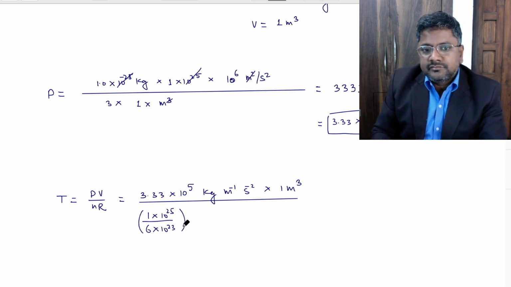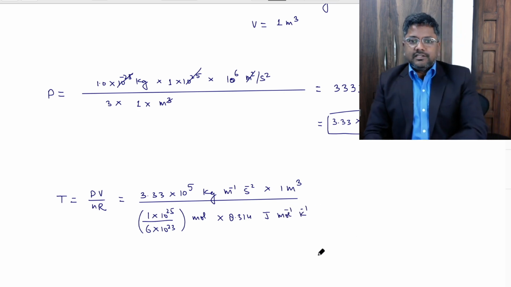This is per mole, since the unit of Avogadro's number is per mole. And R we can use 8.314 joules per mole per degree Kelvin, right?